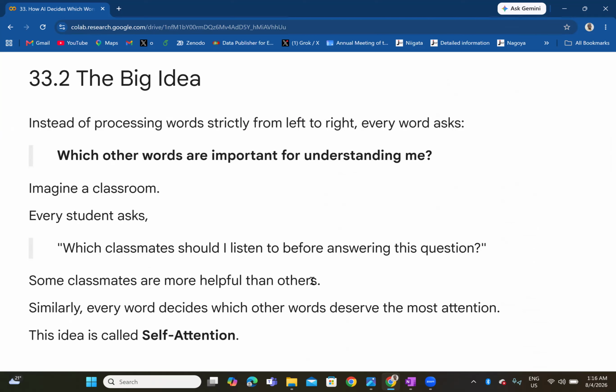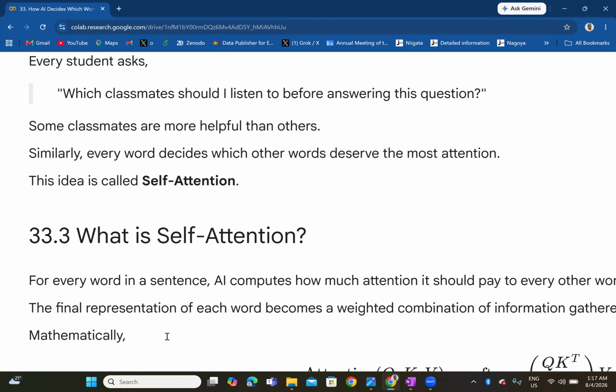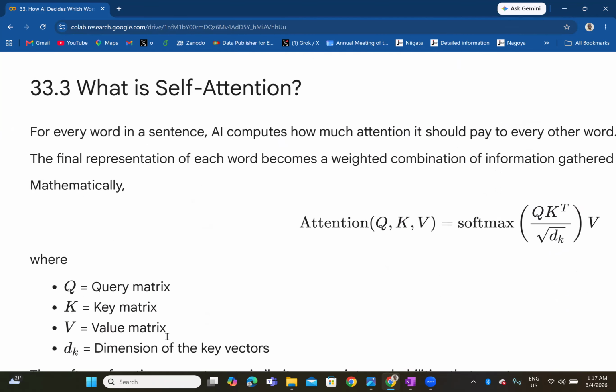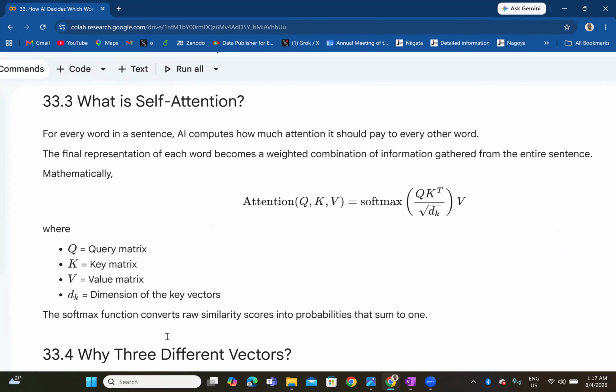Maybe some are more resourceful than others, but you need to listen to all of them to know who is who. Similarly, everyone decides which other words deserve the most attention. So you pay attention to the most resourceful, the most informed people in class. This idea is called self-attention, and we have seen this a couple of times in previous videos.